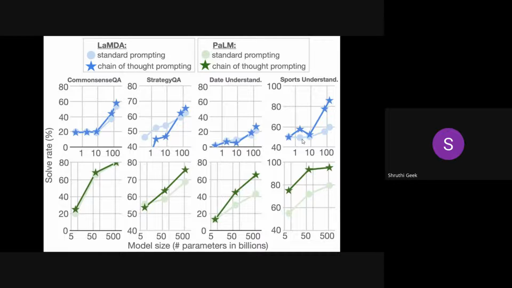But with this first chain of thought paper, released in 2023 March, you can see that the statistics for strategy QA were a bit lower compared to standard prompting.